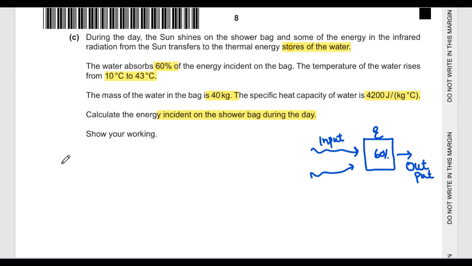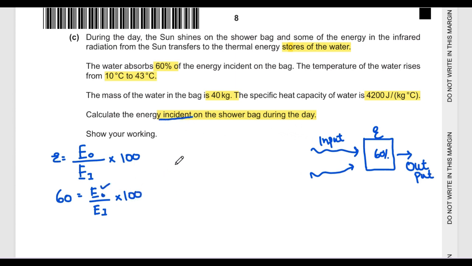For this, we can use the efficiency formula, which is energy output divided by energy input times 100%. And the efficiency is 60%, so I can write 60 over here, writing all the values as they are. Energy output over energy input times 100.